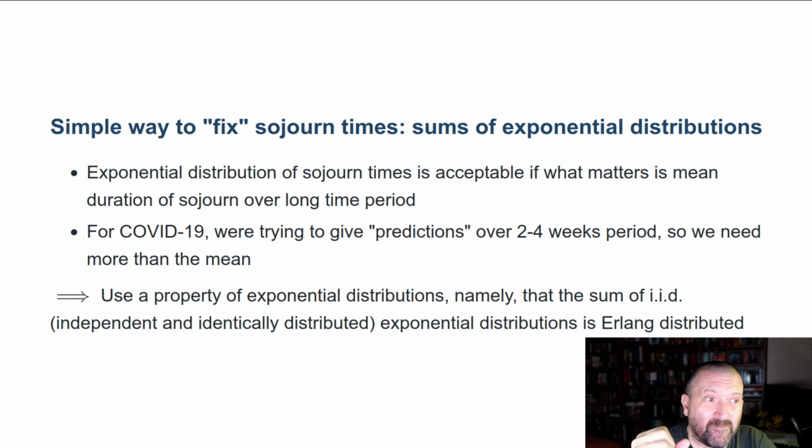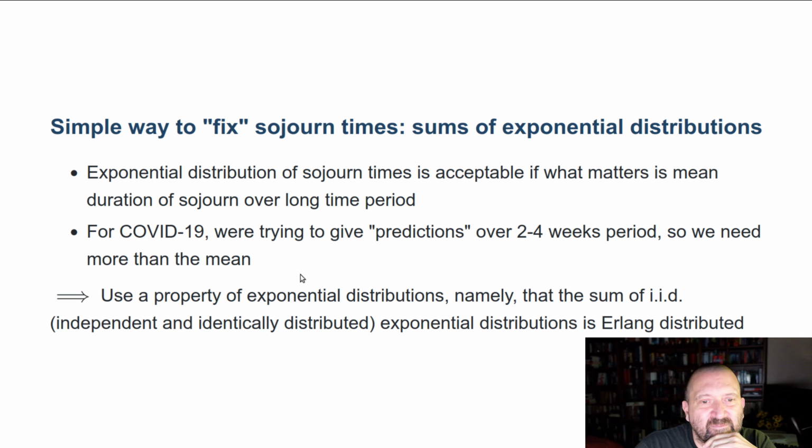If you're looking at this type of thing, just saying that the average time that people are infectious, for instance, is 4 days, means that there's this big attrition at the beginning and this long survival that is built in your model.